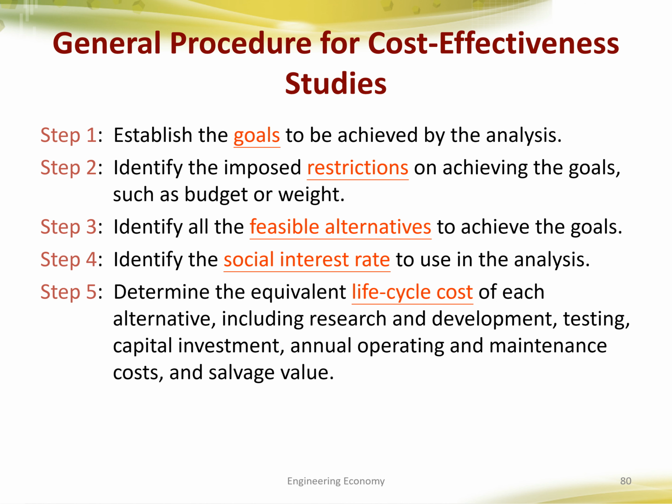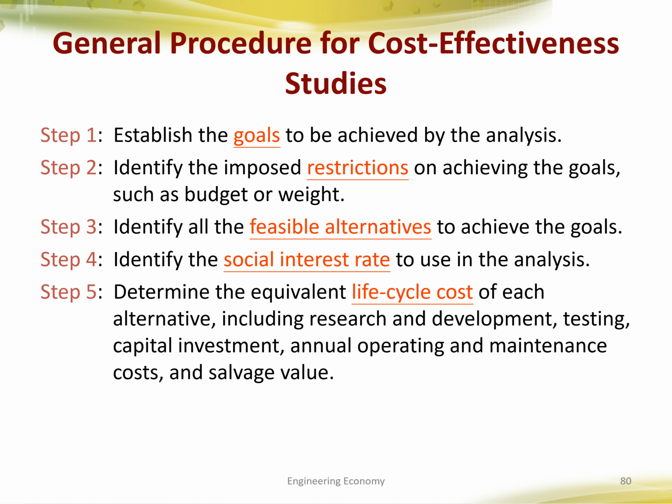Then we want to identify the imposed restriction. Okay, as I have already indicated, budget could be one restriction. Then we want to identify all the feasible alternatives. Okay, these alternatives need to be able to meet our goal.